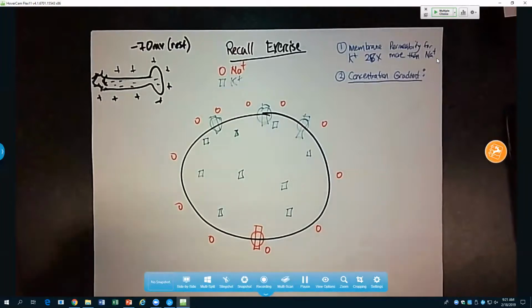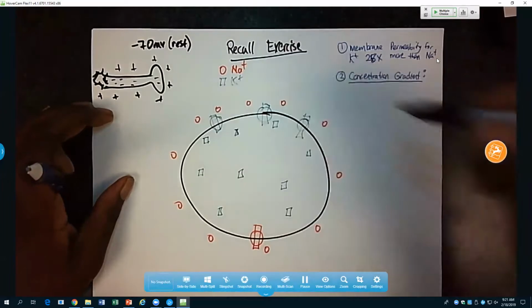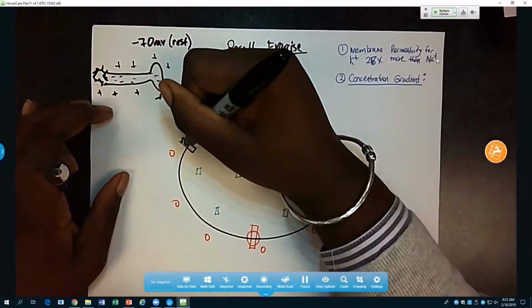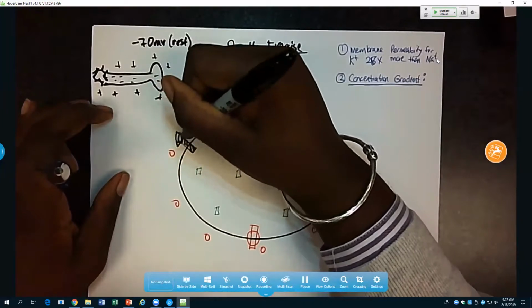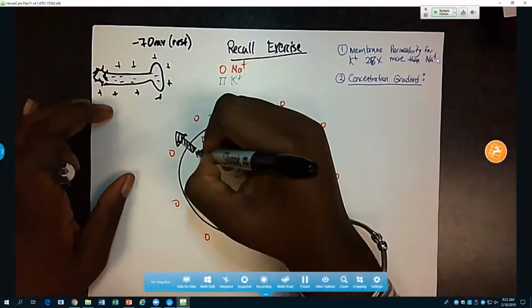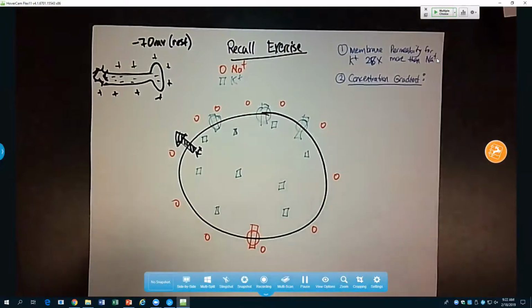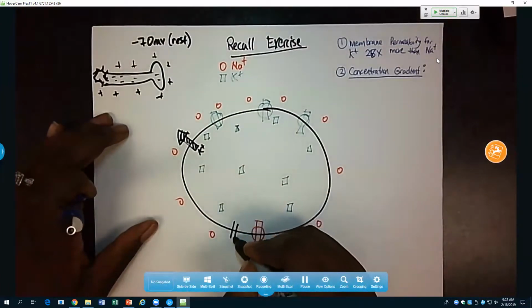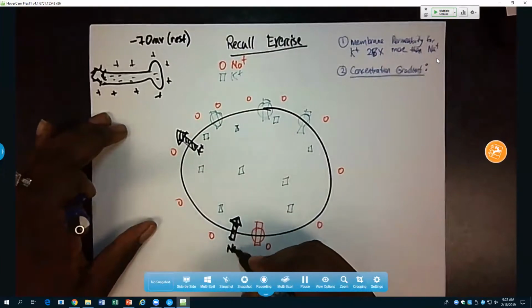Where does potassium want to move? Outside of the cell. Let's draw that here. So this is our chemical driving force for potassium here. And sodium wants to do what? Move into the cell, right? So this is our chemical driving force for sodium.